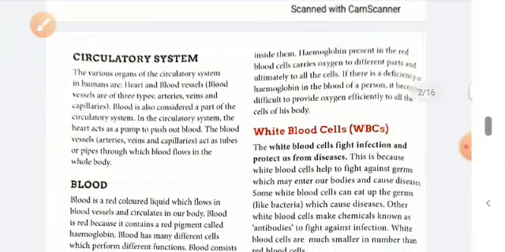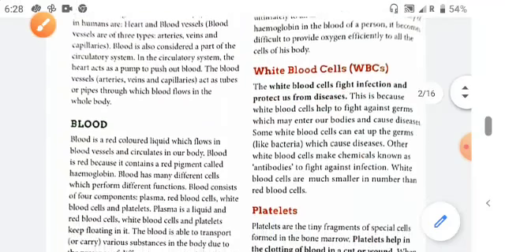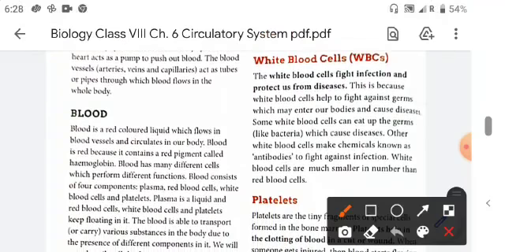The white blood cells fight against the infection and protect us from disease, because white blood cells help to fight against the germs which may enter our body and cause disease.